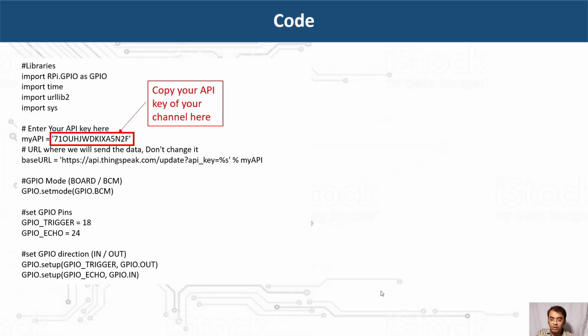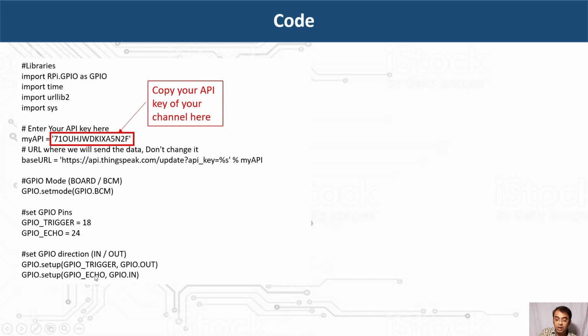So this is the code once again. This is the API key, guys. You can see you have to copy paste the API key. Already I told you trigger pin and the echo pin. The trigger pin should be the output pin because it will generate the signal, and the echo will be the input pin because it will receive the signal.